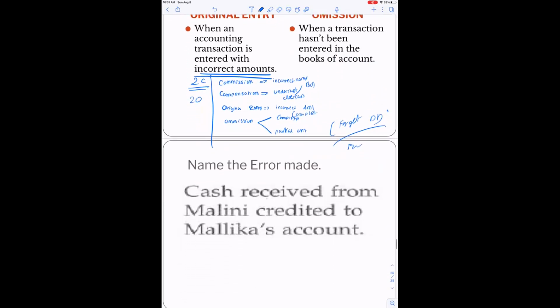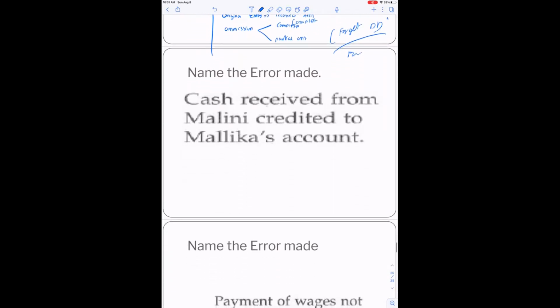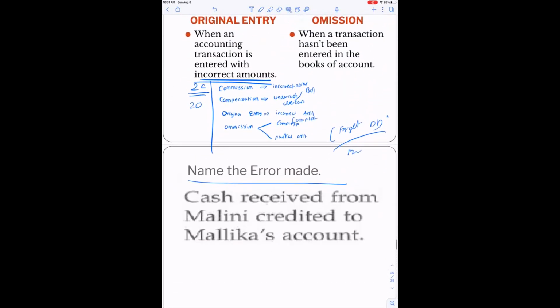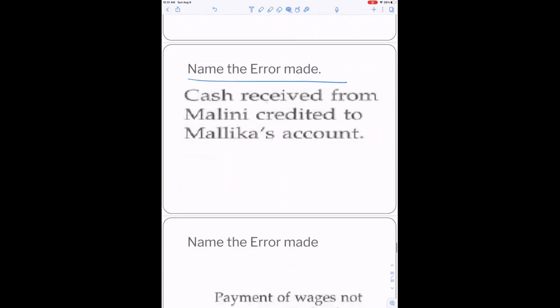Let's see if we understood. Name the error that you have made. Cash received from Malini, credited to Malika. Wrong name. Error of commission.